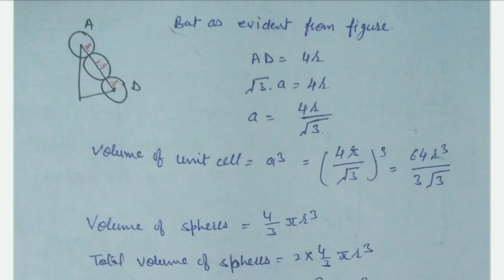Volume of sphere we can calculate by the formula 4 by 3 pi r cube. But BCC has 2 atoms, one at the corner and one at the center of the cube. The total volume of spheres is equal to 2 multiplied by 4 by 3 pi r cube, which is 8 by 3 pi r cube.